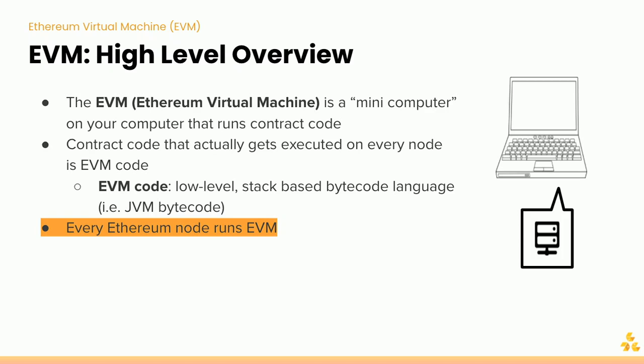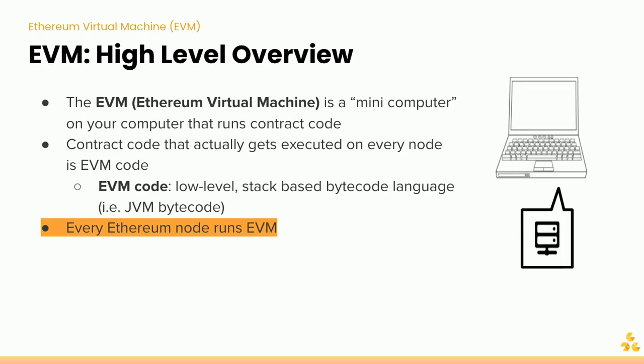We can think of the Ethereum virtual machine as just a mini computer. It's a mini computer on your own computer, and it runs the contract code and helps to execute this code so that things run effectively. We can also keep in mind that the contract code gets executed on every node.